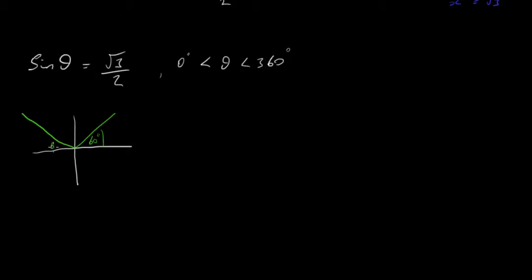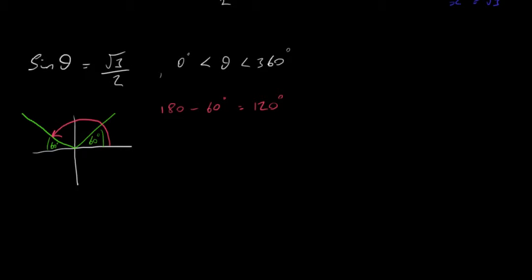So if our reference angle here is 60 degrees, then this particular angle here, from here all the way around to here, is another angle that has a sine of plus root 3 over 2. And that's just simply 180 degrees minus 60 degrees, that will give us 120 degrees.